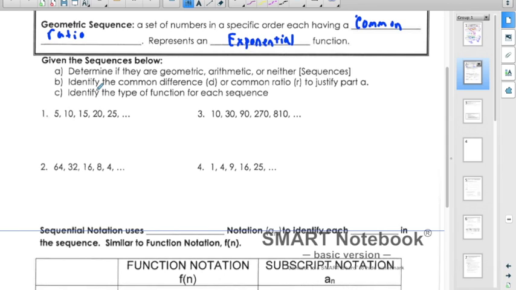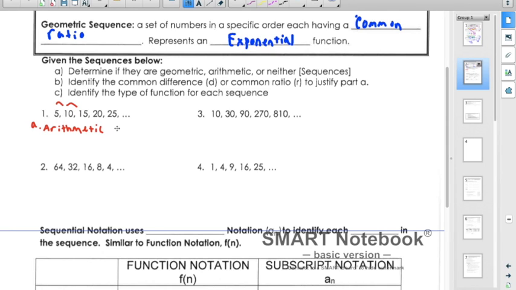Okay, simple. Part A, or number 1. It's giving us a list of numbers, 5 to 10 to 15 to 20 to 25. Well, hopefully we can see right off the bat this is going to be a linear function because it has a common rate of change. But let's answer A, B, and C as it wants us to. So, part A, determine if it's geometric or arithmetic. Well, since it's going up by 5 each time, hopefully we can see that this is going to be arithmetic.